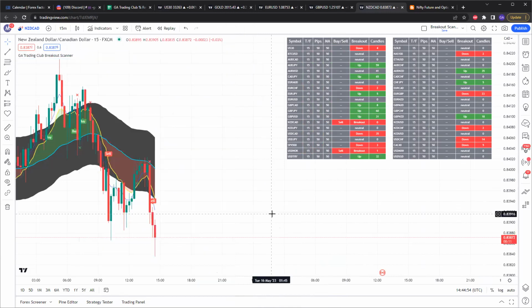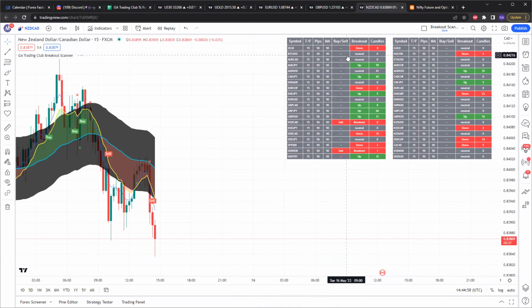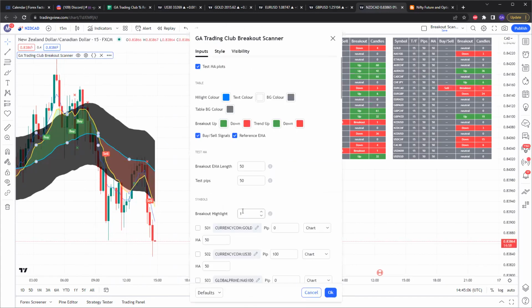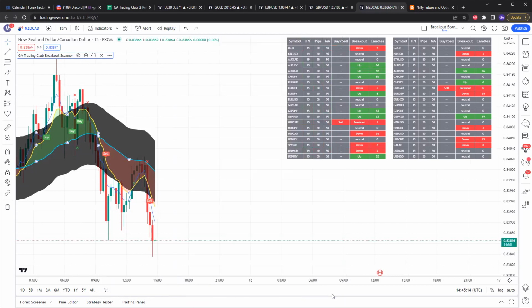For me, I just leave it as 50 for everything. But where is US 30? I just did 100 for US 30, you'll see it changed to 100 right here. So you can change whatever instrument you want in here. And 0 is ideally the default: if you put 0 in here, it will default to what you have as the test pips.